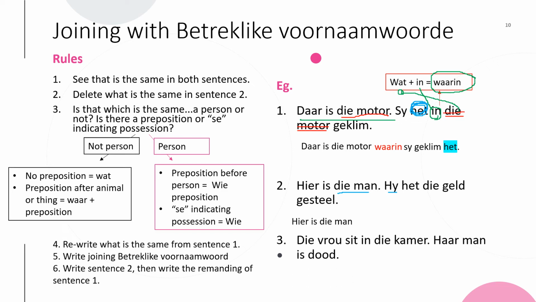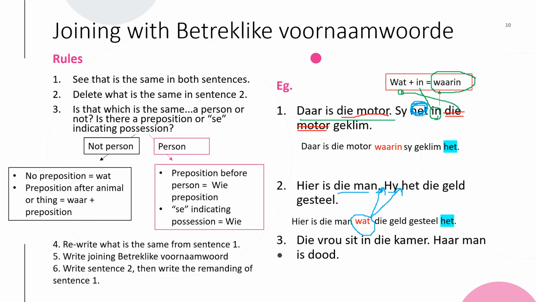We write that down, then our joining word wat, then the rest of sentence 2 with the verb to the back: die geld gesteel het. So why did we use the word wat? Because there was no preposition before the hy and there was no se after the hy.